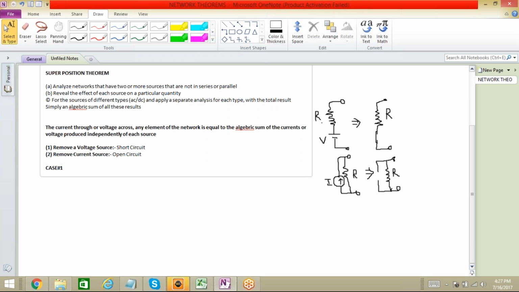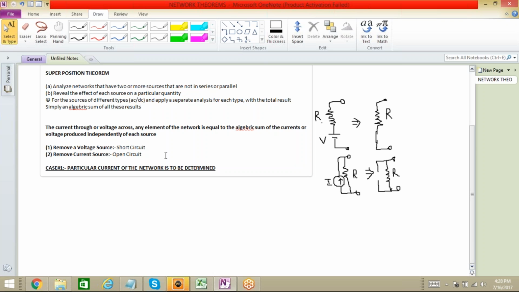Let's say my requirement is that a particular current of a network is to be determined. What does it mean?